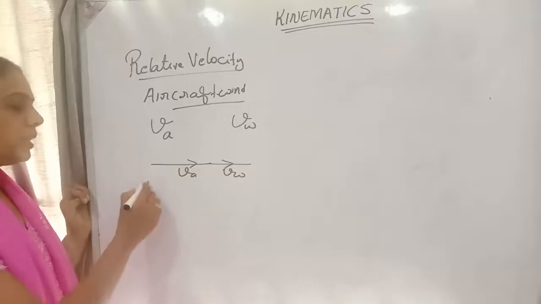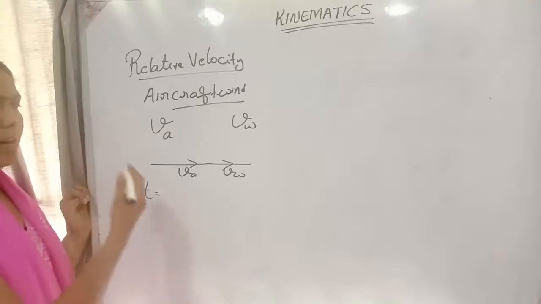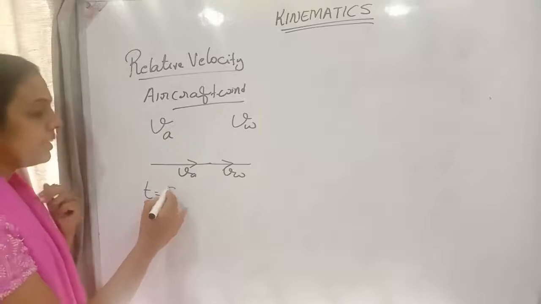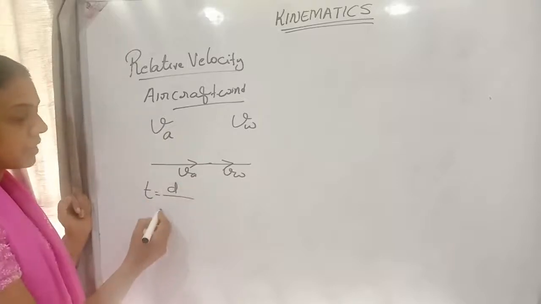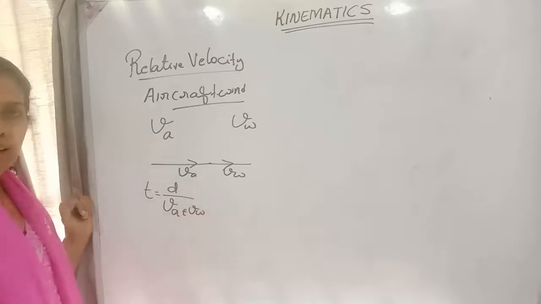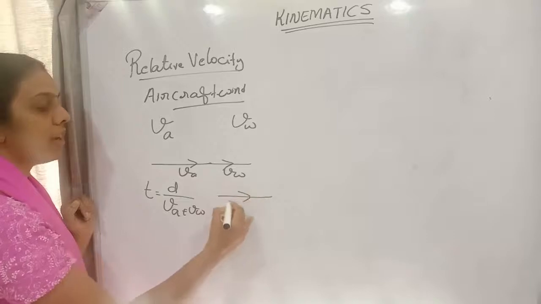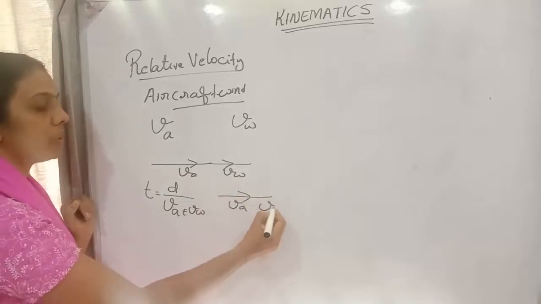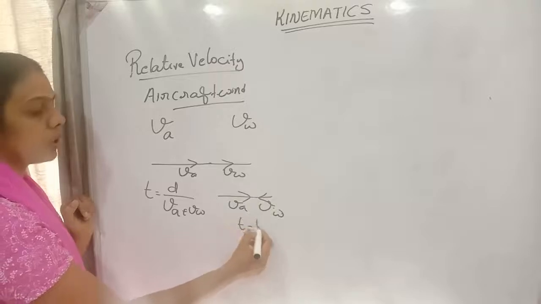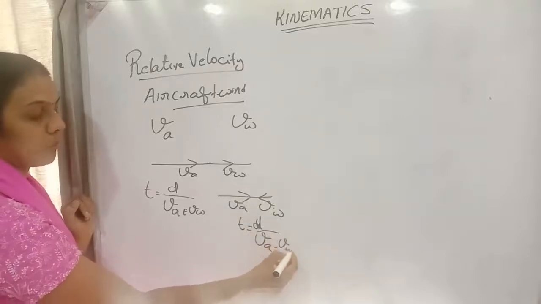So if we need to find the time taken for the aircraft to move from one point to another, we can find it as distance traveled divided by velocity, that is d divided by Va plus Vw. If instead both are moving in opposite directions, Va is here and Vw is in the opposite direction, then time will be equal to d divided by Va minus Vw.